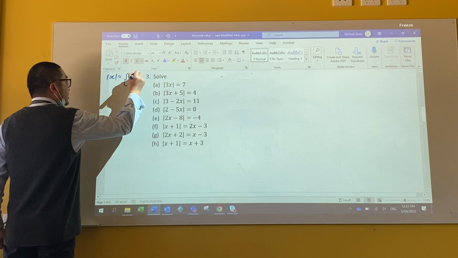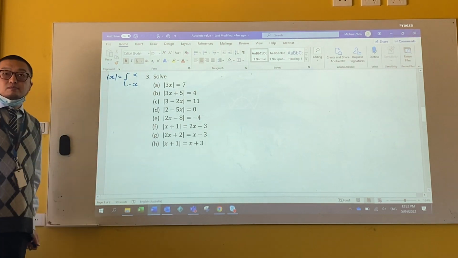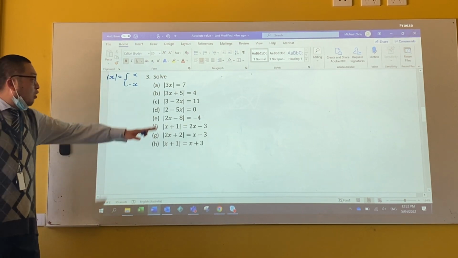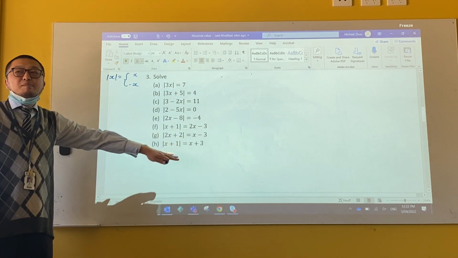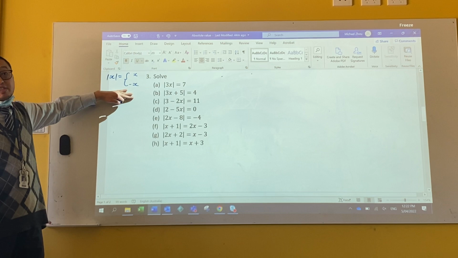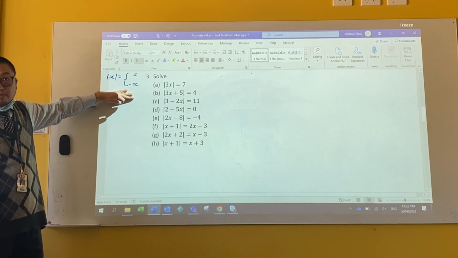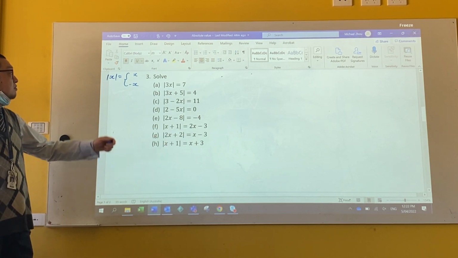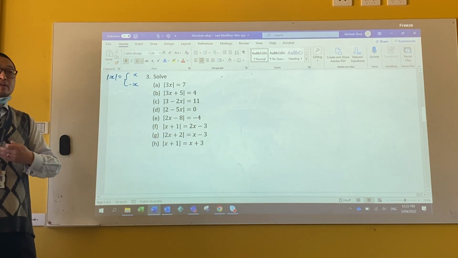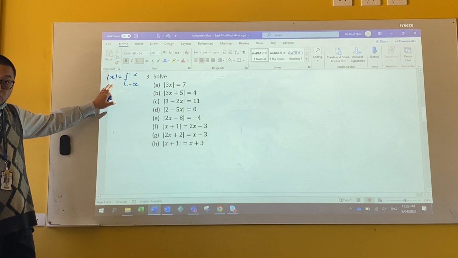We can get this, we can get that. All the questions here are just application of that statement. In my opinion they're all the same, just application over and over again of those two cases.